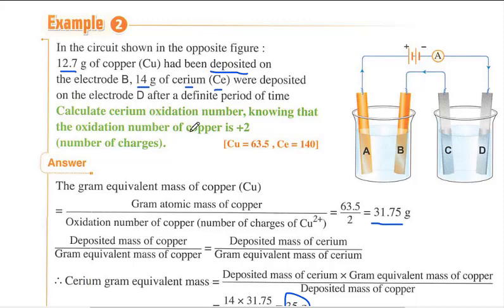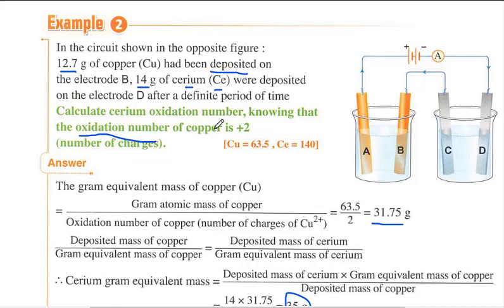The question is to calculate the oxidation number of cerium.